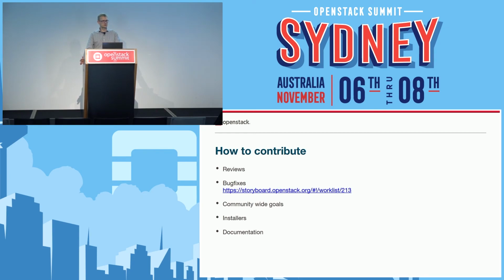If you want, you can contribute by developing installers, like, for example, contributing Monasca to Kolla or OpenStack Ansible installers. We also want to work on documentation, and your contribution will be very welcome there. And of course, any other regions, we are welcome for contributors.